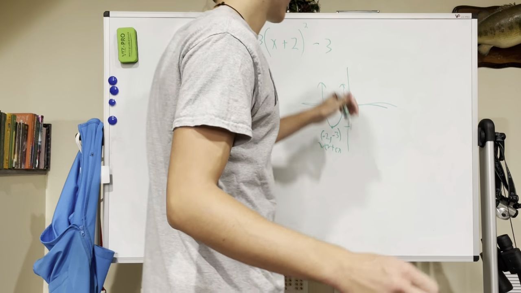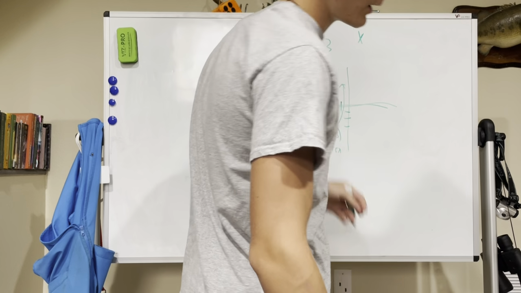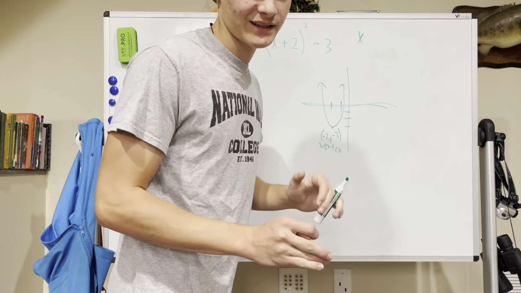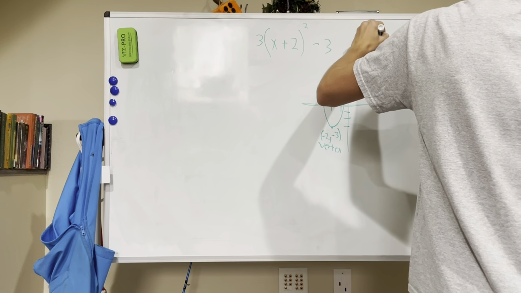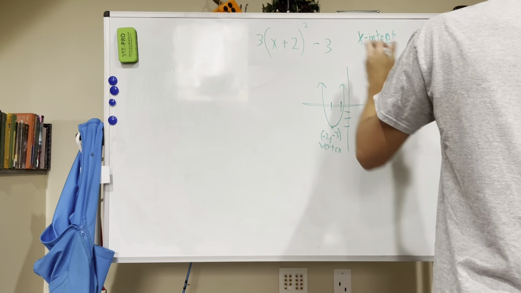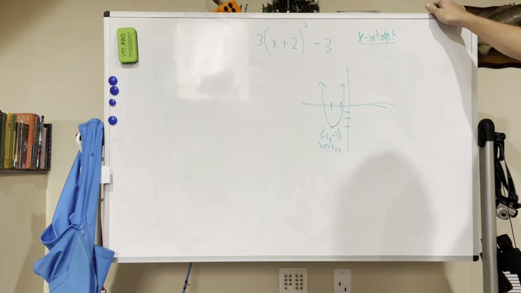Okay, we gotta hurry. So the way to make this graph more accurate is by finding the y and x intercepts. Now x intercept. That's not spelled very well, but whatever.